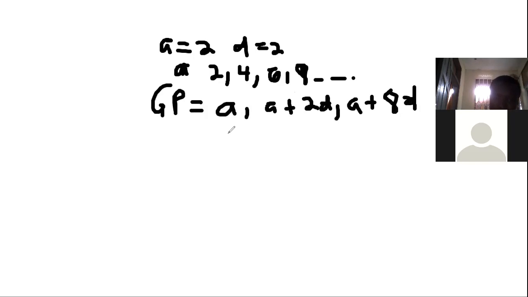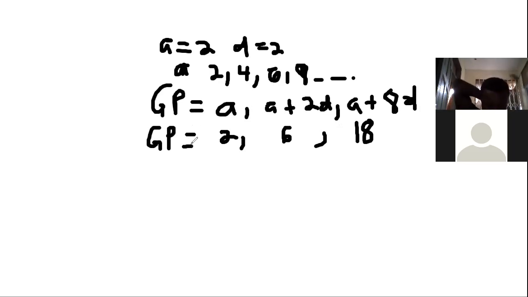So looking at this, you can see that the first term is still 2, but the second term here will be 6. So 2 plus 2 times 2, so it will be 6. Then the third term here will be 18, I guess. So this will be the first 3 terms of the geometric sequence, geometric progression. I hope you get it.